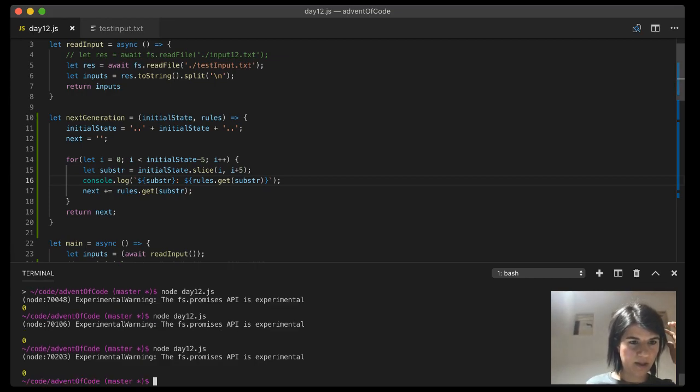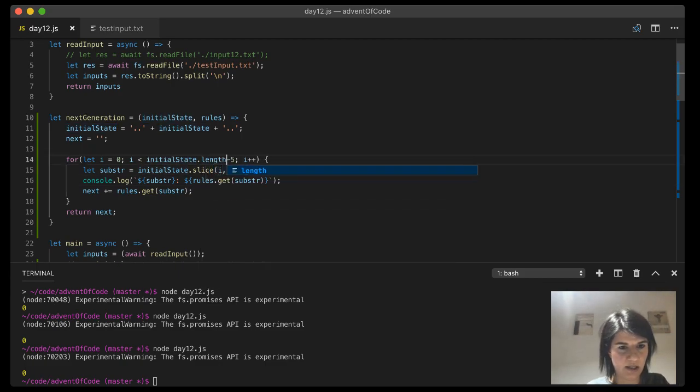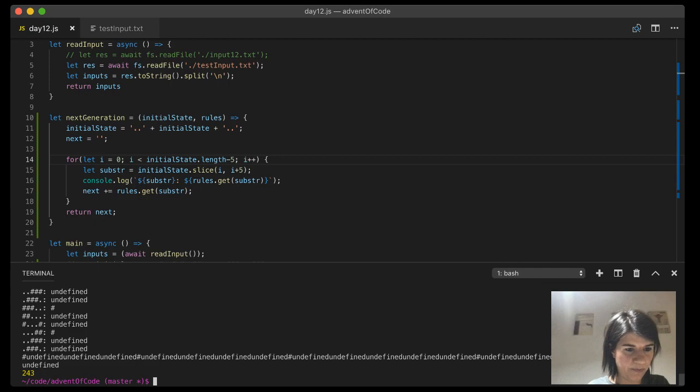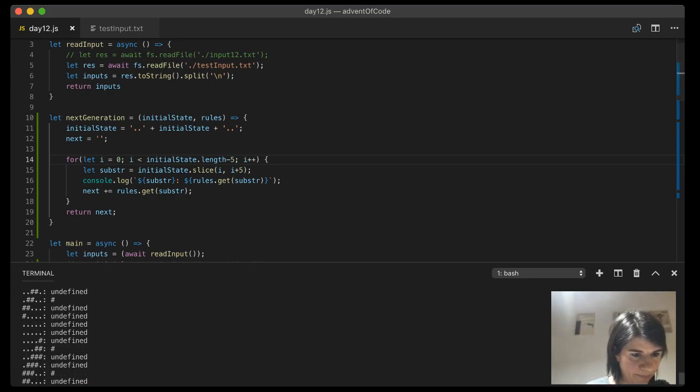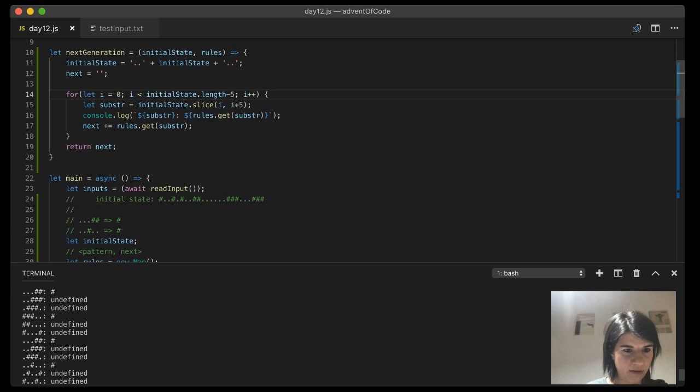Oh, how do I never get in here? Initial state minus 5, initial state.length minus 5. All right, I'm getting a bunch of undefineds. Oh, because the test input, yeah, I'm running on the test input. The test input doesn't have the dots.